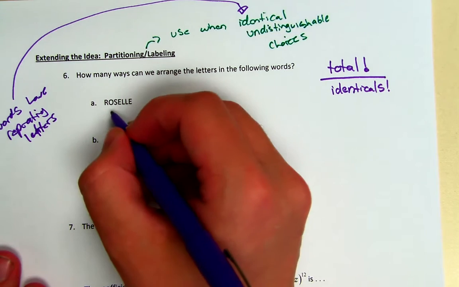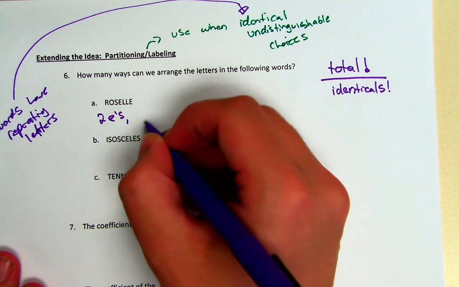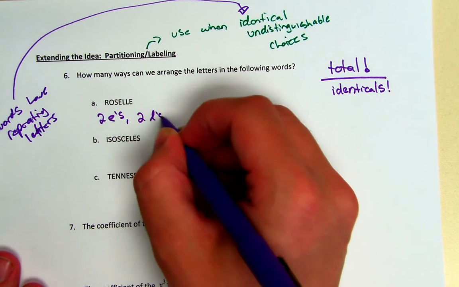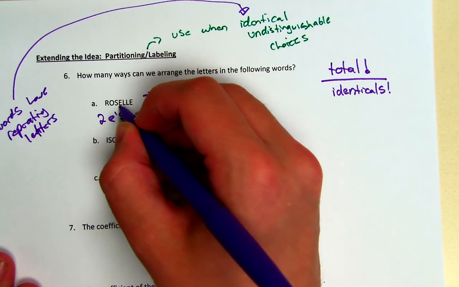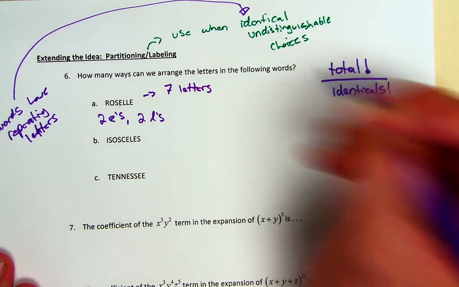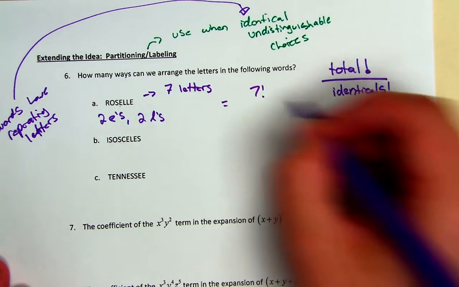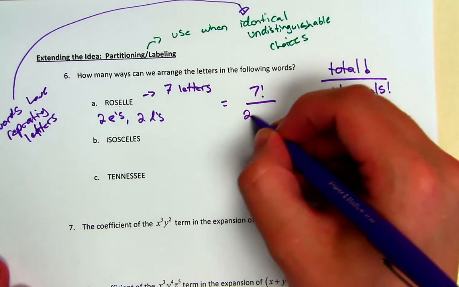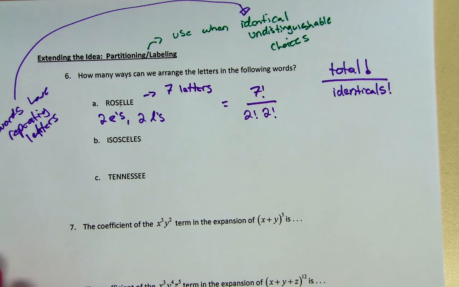So figure out, in Roselle, I have 2 E's, and I have 2 L's. But I have a total of 1, 2, 3, 4, 5, 6, 7 letters. So if I want to rearrange these words, I need 7 factorial total over the undistinguishables. So 2 factorial, 2 factorial.